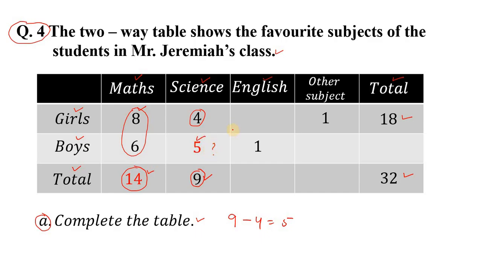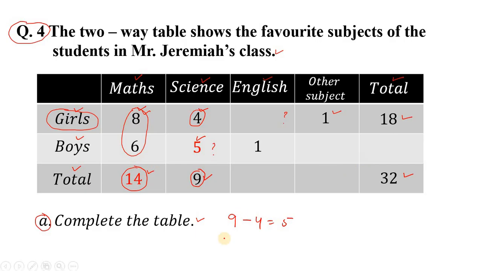And now we find how many girls choose the English subject. The sum of these values, 4 plus 5 plus 1, we subtract from this total.